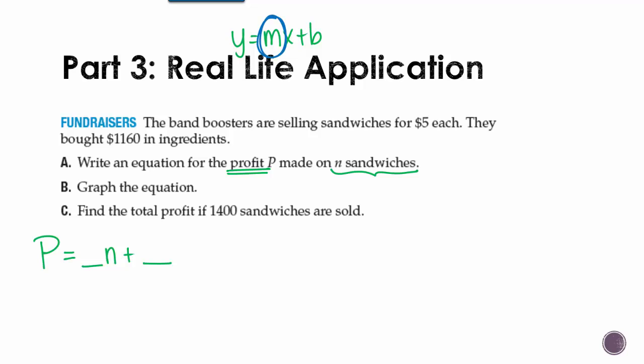Remember, we have many different names for the word slope. We have called it rate of change. We've called it our common difference. And we could use like rise over run if we had a graph and stuff like that. But it's also the constant of variation.